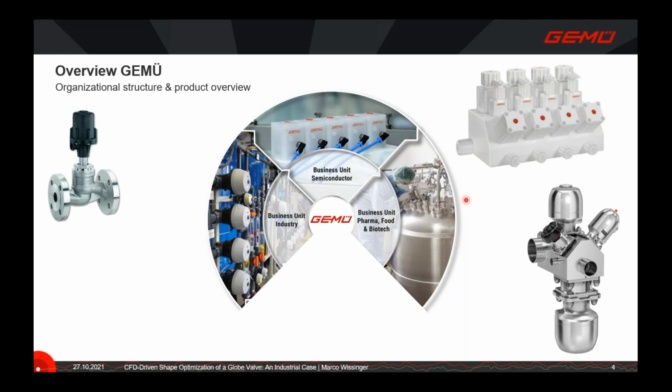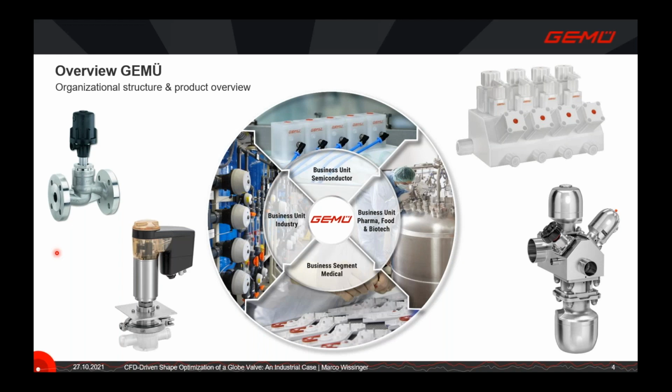And the last business unit I want to mention is the business unit Industry. And here comes one of our globe valves on the slide, which we focused on in our case study today. I will focus on this product later on a little bit more in detail.